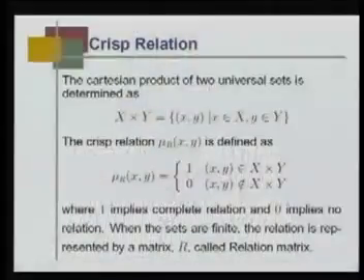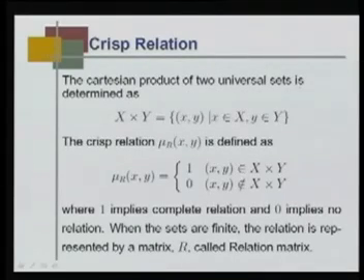So, in a crisp relation, the Cartesian product of two universal sets is determined. X times Y is the Cartesian product, the set of all ordered pairs x and y, where x belongs to capital X, and y belongs to capital Y. So, the crisp relation mu r x y is defined on the Cartesian product space.